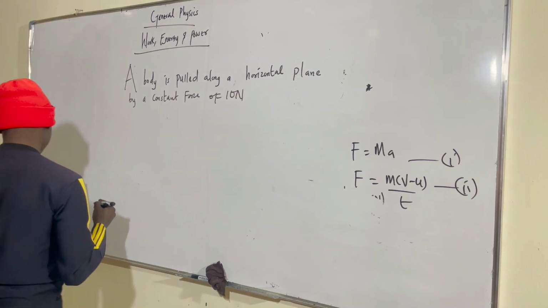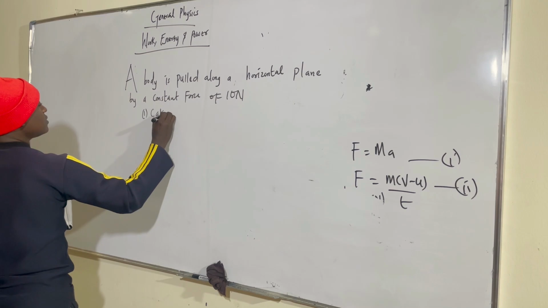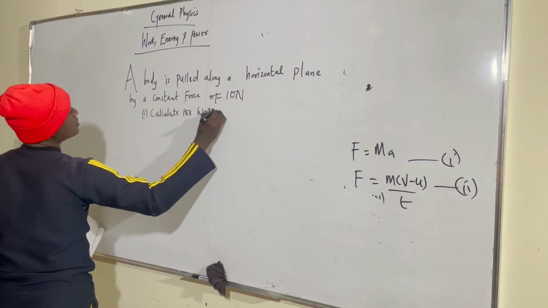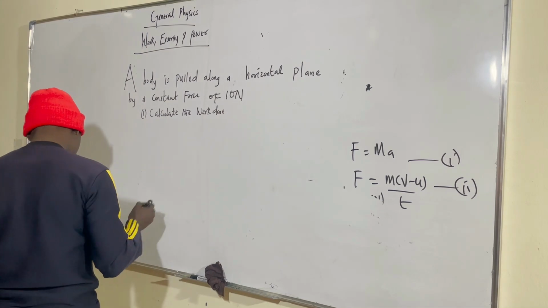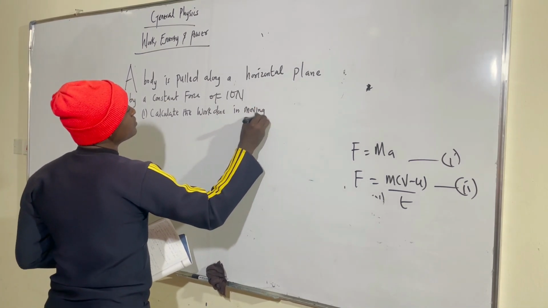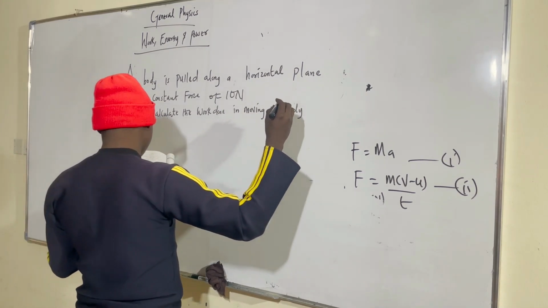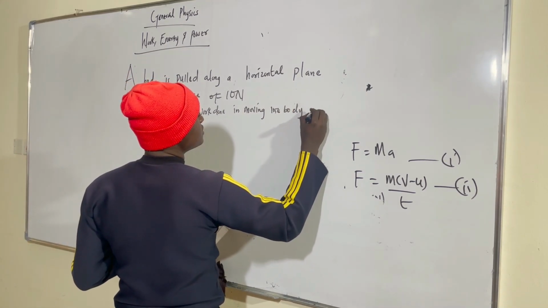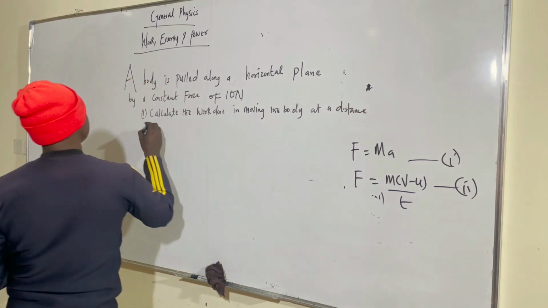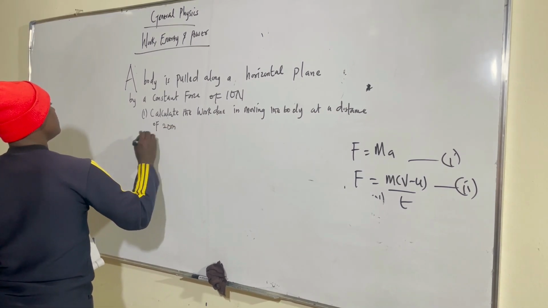So the first question they said, calculate the work done in moving the body the distance of 20 meters.